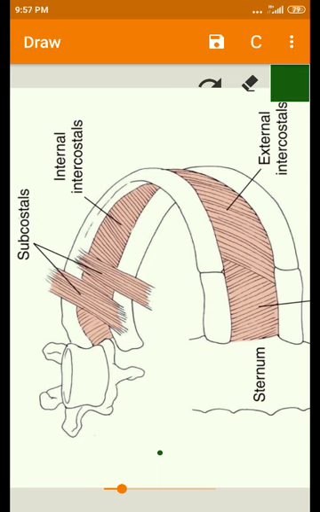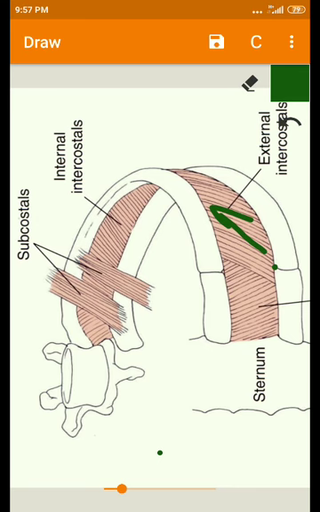So simply you can see this is the contraction of the external intercostalis muscle. What will happen? So it helps in elevation.